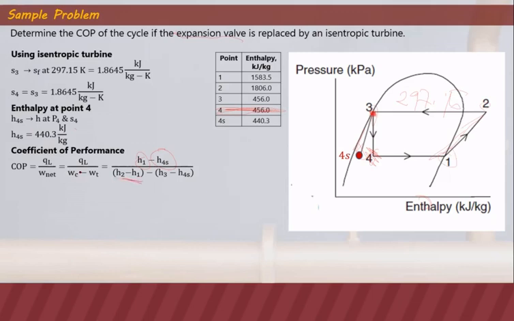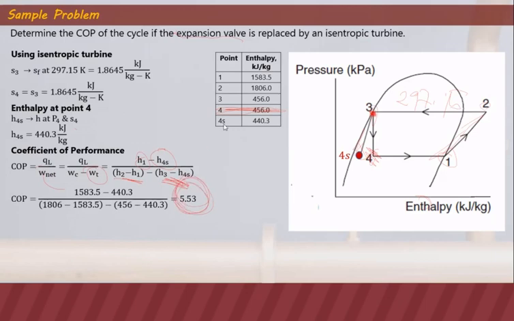And then the work of the turbine. Take note that when we use a turbine, our net work becomes the work of the compressor minus the work of the turbine, because the expansion process produces work. That's why we have to subtract it from the net work. So we have H3 minus H4s. Now we can get the COP by substituting all the values that we already have.